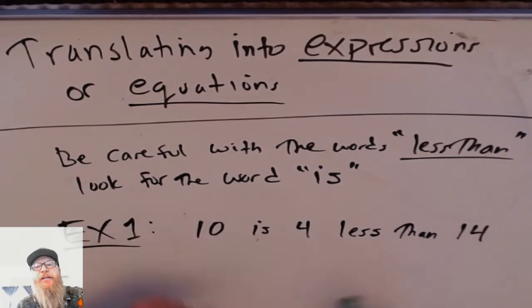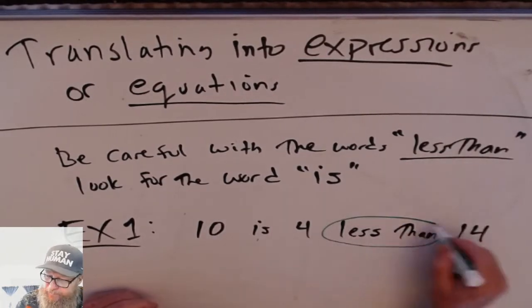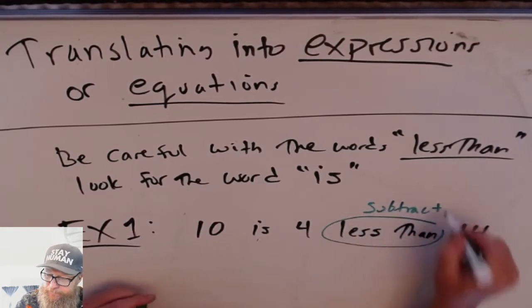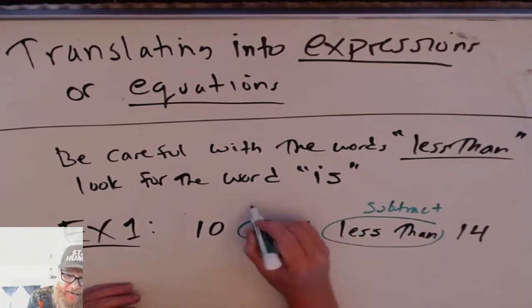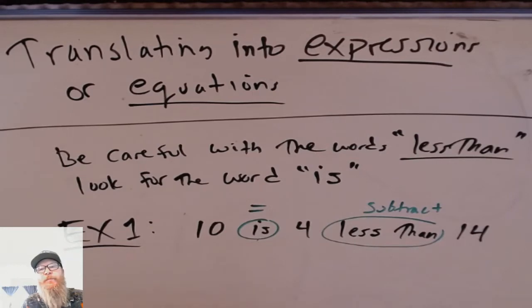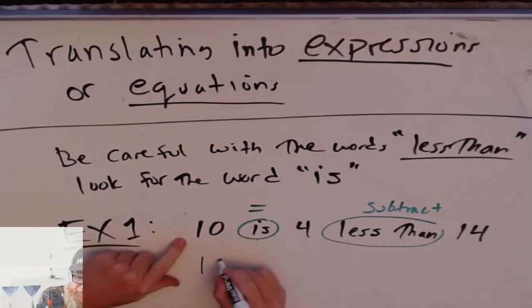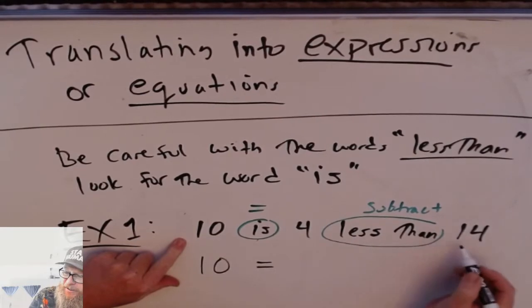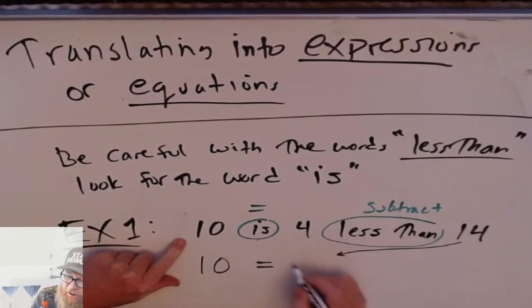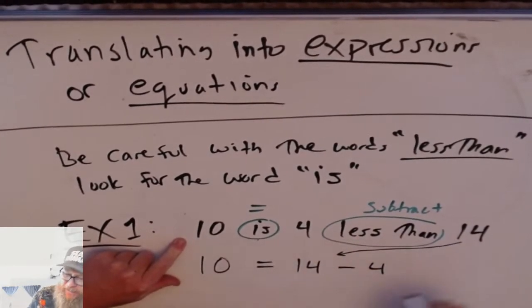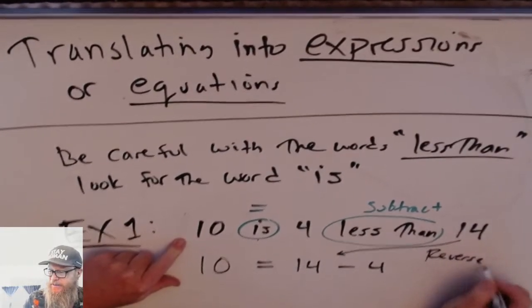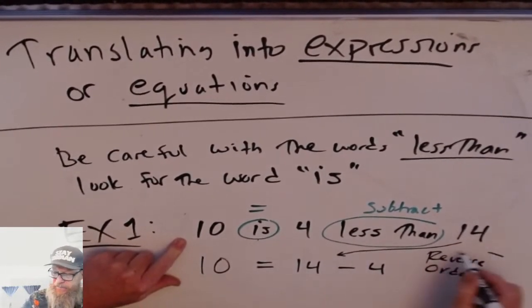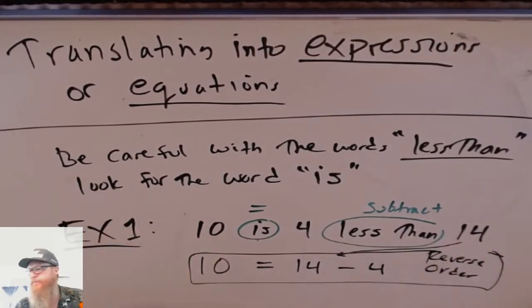So in this particular instance, less than means subtract. Is means equals. And then you have to be very careful. You're going to subtract 4 from 14, so you have to reverse the order. So 10 is 4 less than 14.